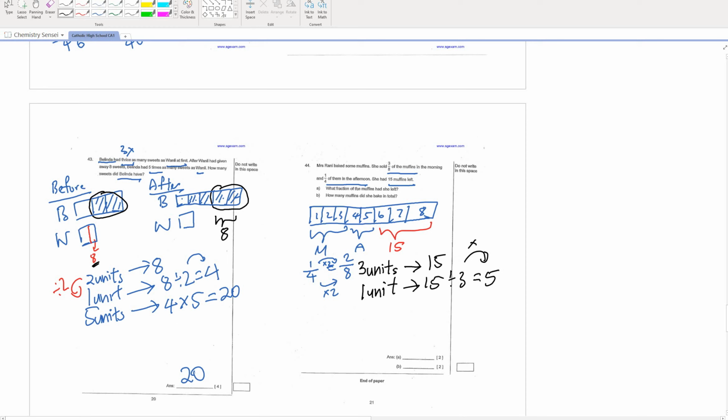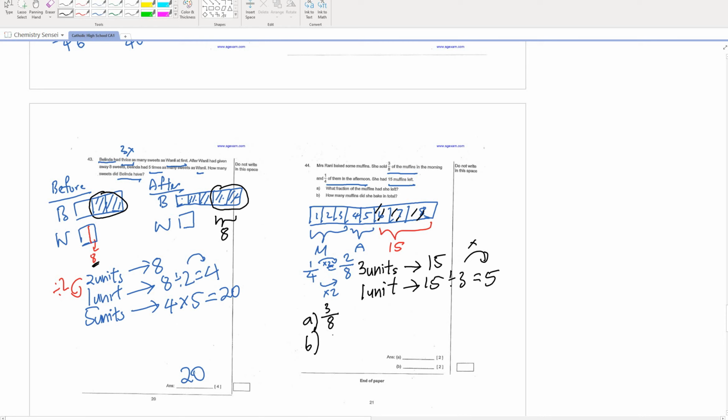Part A. What fraction of the muffins had she left? Okay, so for part A, she is left with 3 units out of a total of 8 units. Alright, for part B, how many muffins did she bake in total?